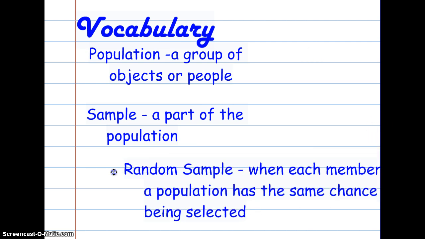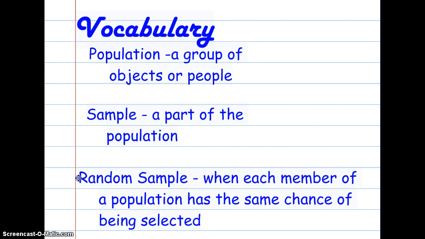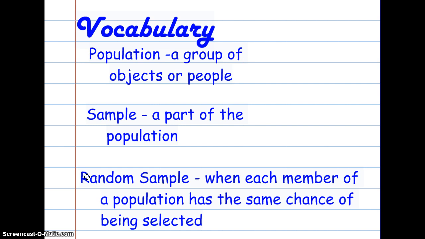And then the main thing that we are talking about today is random sample. Random sample is when each member of the population has a chance of being selected. Okay, and this is our main point of this lesson: was it fair that everybody in the population was able to take part to be in a sample, or was it a biased question or a biased time, or how was it unfair?